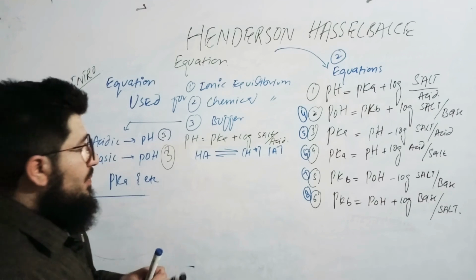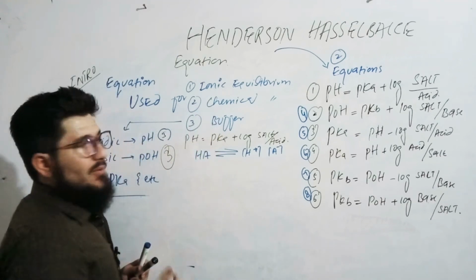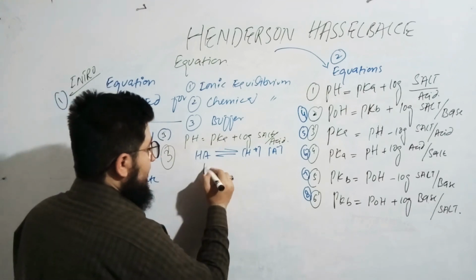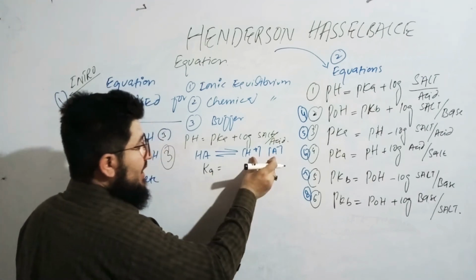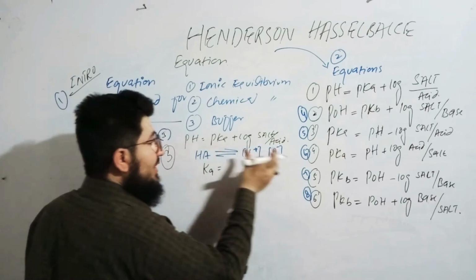How? Very simple. According to ionic or chemical equilibrium, we write the equilibrium constant. By this we mean that the product is divided by the reactant. So here is the product, and this is the reactant. The reactant will provide the product.